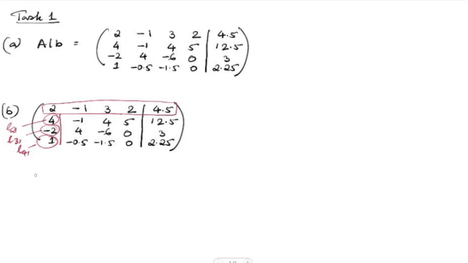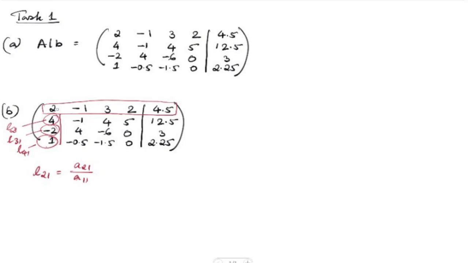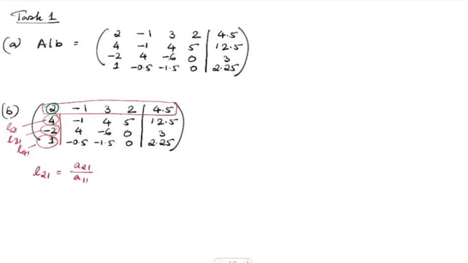Let's find L21. L21 is A21 divided by A11. We'll take these elements A21, A31 and A41 and divide them by the element at the top of this column. That's A11, right? So we'll always divide by A11.